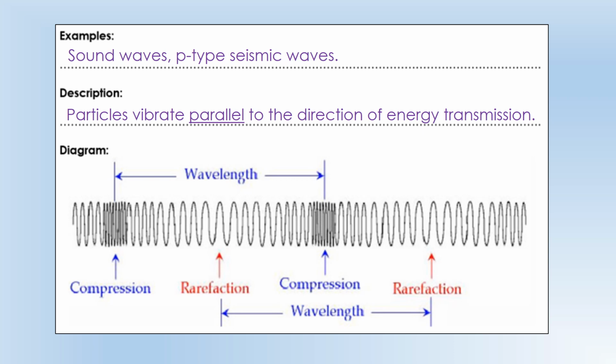And wavelength for a longitudinal wave marks the distance between compressions here. So going back to our description, this longitudinal wave is transmitting energy from left to right, and it's making the particles vibrate left and right, which is why we describe the vibrations as parallel to the direction of energy transmission.